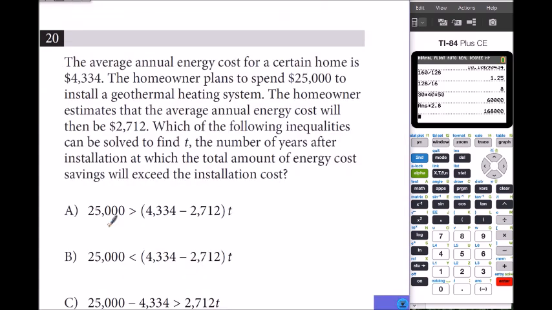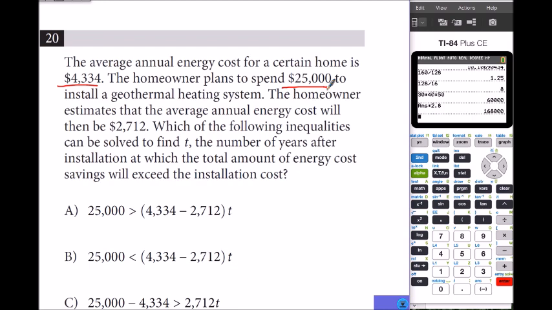20. The average annual energy cost for a certain home is $4,334. The homeowner plans to spend $25,000 to install a geothermal heating system. The homeowner estimates that the average annual energy cost will be $2,712.